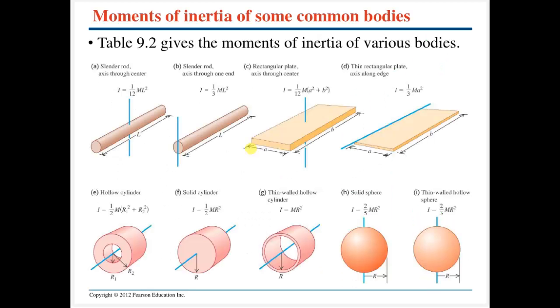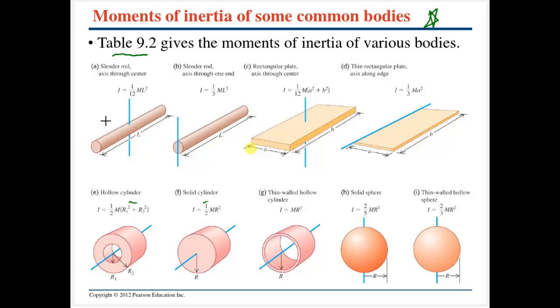It turns out that this has been done, so we don't have to redo that. Here is a very important table to have in your mind and to be able to use. Here we have the moment of inertia, or the rotational mass, for a whole bunch of different bodies. We have hollow cylinders, solid cylinders. A solid cylinder would also be a disk, and so on and so forth.